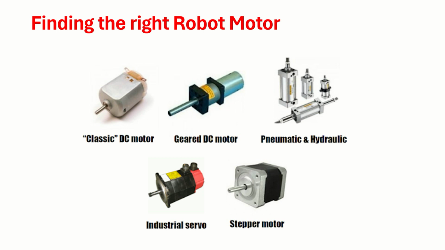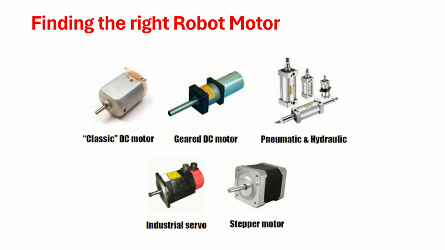The other challenge is in terms of maintenance. If you look at the pneumatic and hydraulic control systems, there are a lot of maintenance issues. Maintenance is really a challenge. However, if you look at the DC motors, there is no maintenance issue.